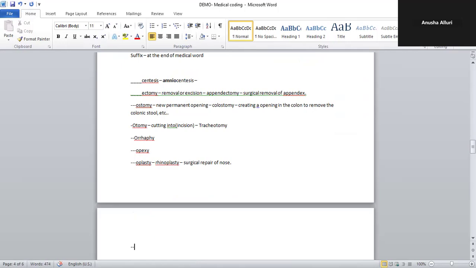Lithotripsy means crushing or destroying stones. These are the suffixes used for surgical procedures.